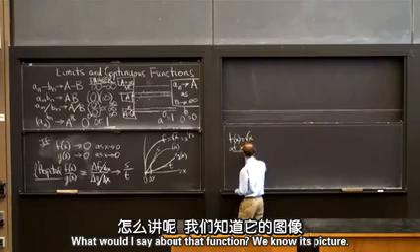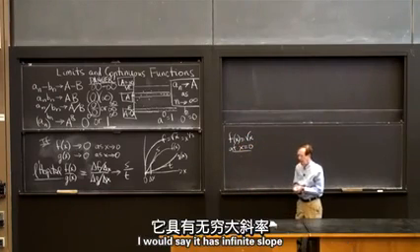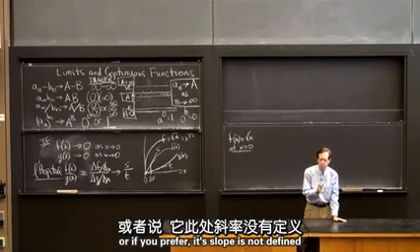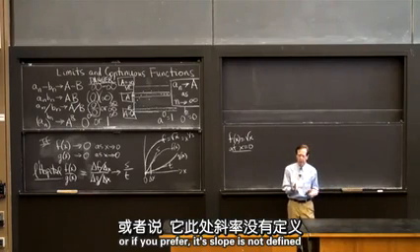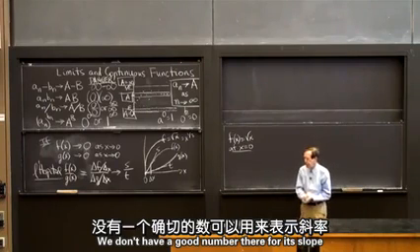What would I say about that function? We know its picture. I would say it has infinite slope, or if you prefer, its slope is not defined. We don't have a good number there for its slope.